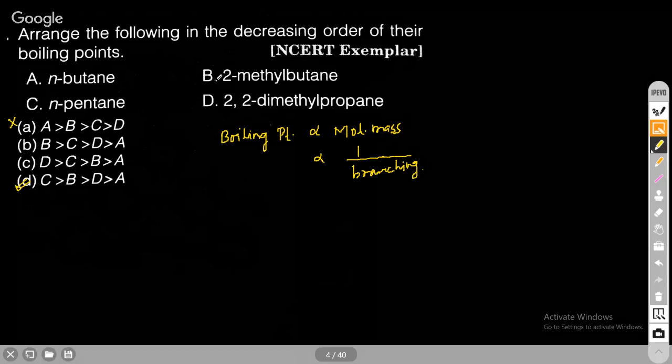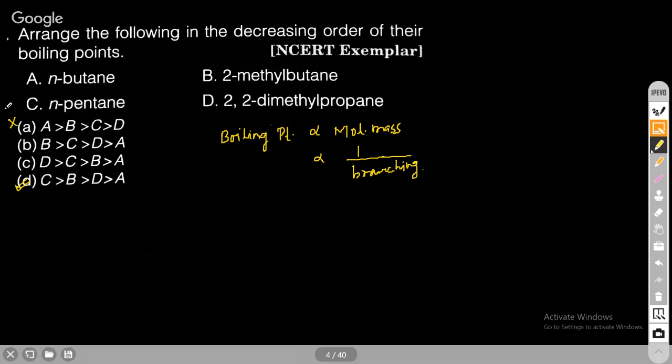They are chain isomers, right? Because the number of carbon atoms in the parent chain is different, right? So all these C, B, and D are chain isomers, right? So in these isomers, we know that as branching increases, boiling point decreases. So obviously A will have the least. C is n-pentane, the straight chain compound, maximum. Then we'll have B because there is only one branch. This is two branches. So C, B, D, and then A. Option D is correct.